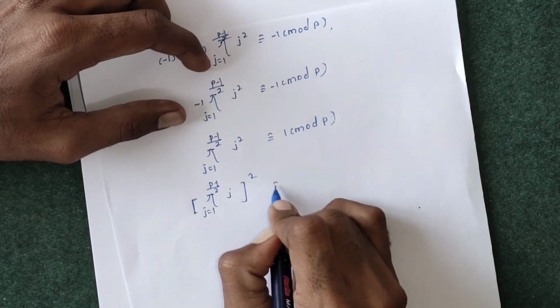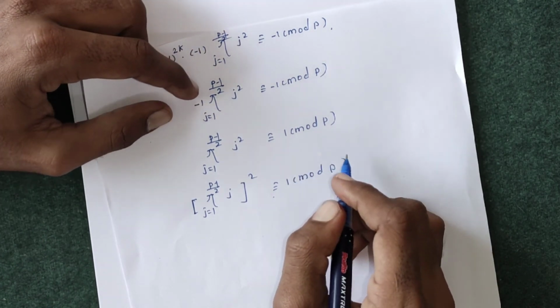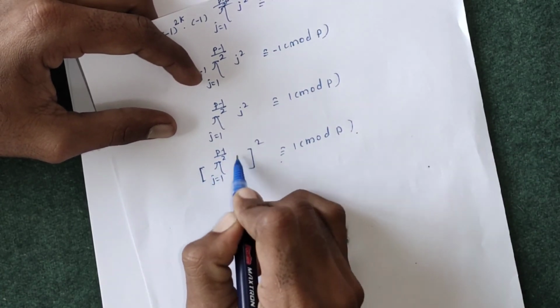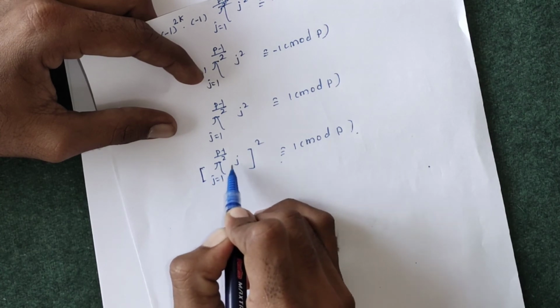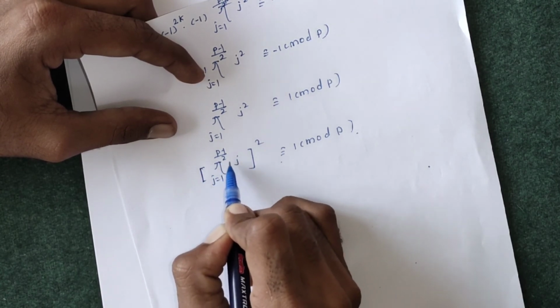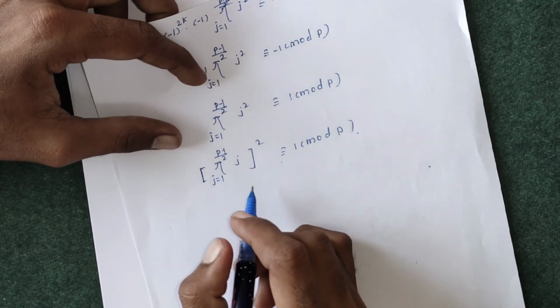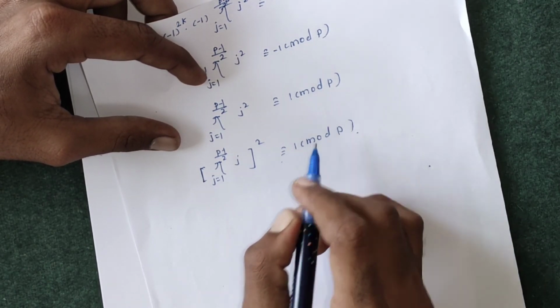So, we can write this is congruent to 1 modulo p. So, we get this x² is congruent to 1 modulo p. Considering this product of j is equal to x, we can take x² congruent to 1 modulo p. So, this gives us x is congruent to either +1 or -1 mod p.